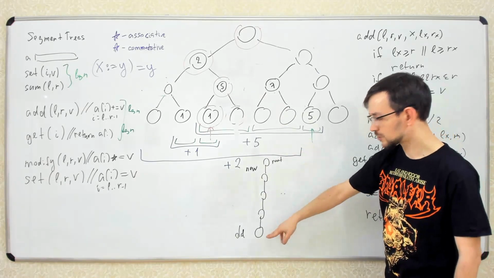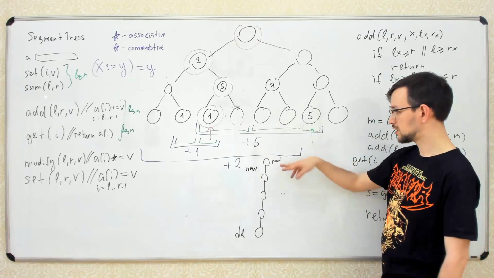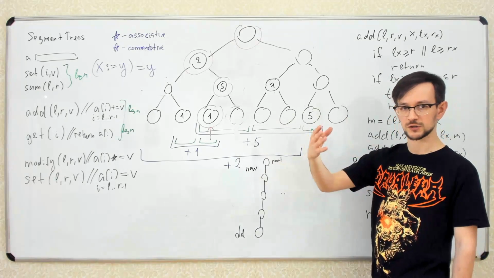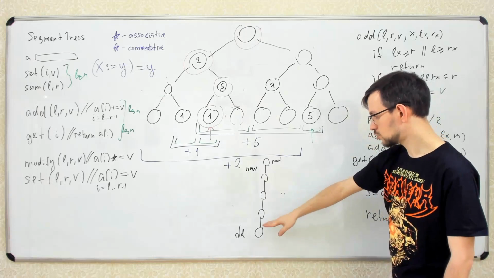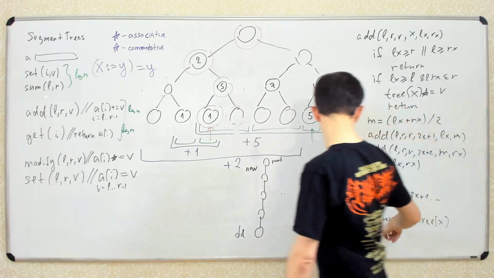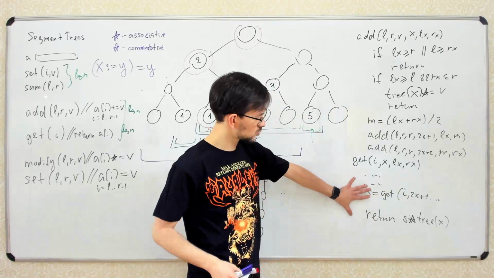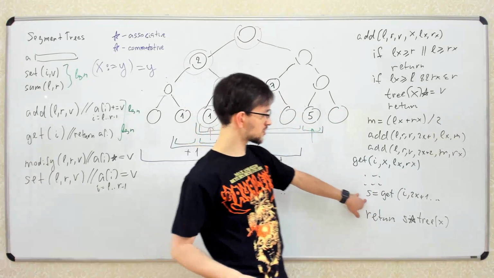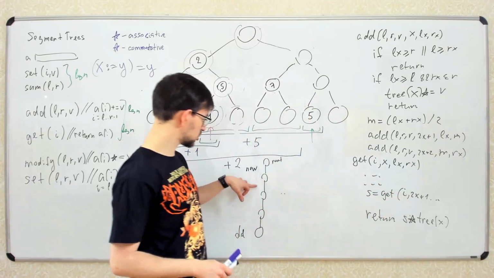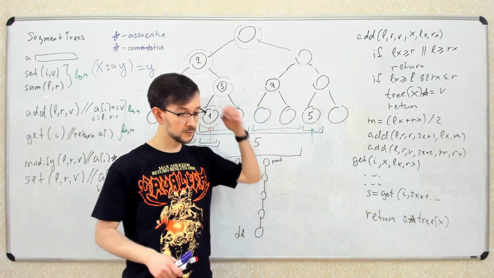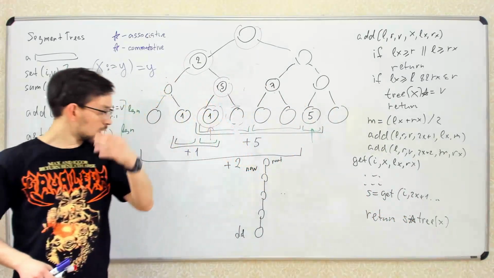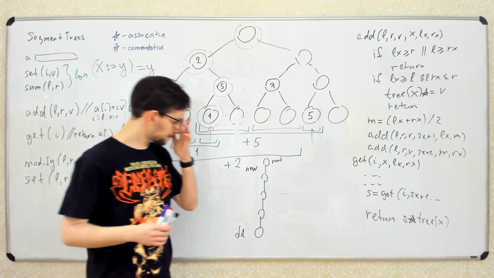Here at the bottom are the oldest operations, and here at the root are the newest operations. When you calculate the value of this node, you go from bottom to top, like in this recursion. We recursively calculate the value in the child and then apply the operation in our current node. That's the plan.